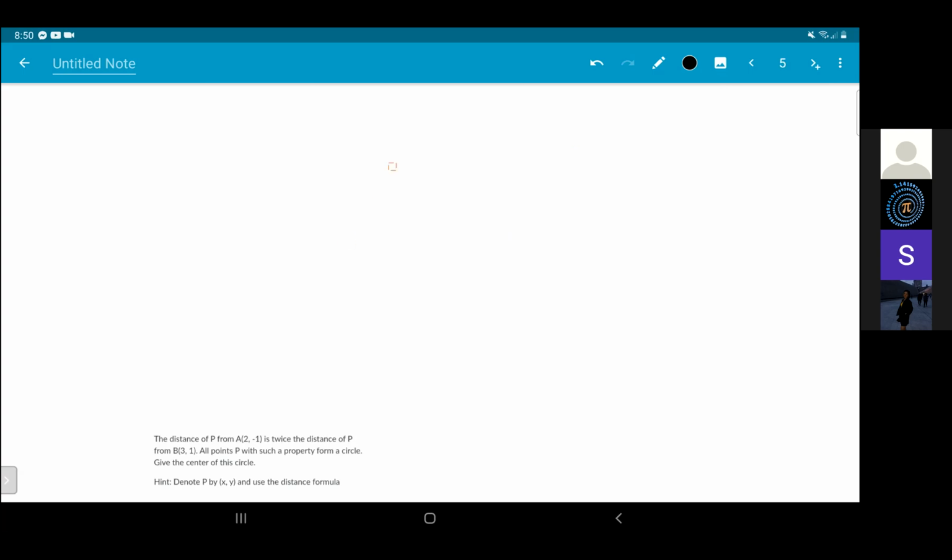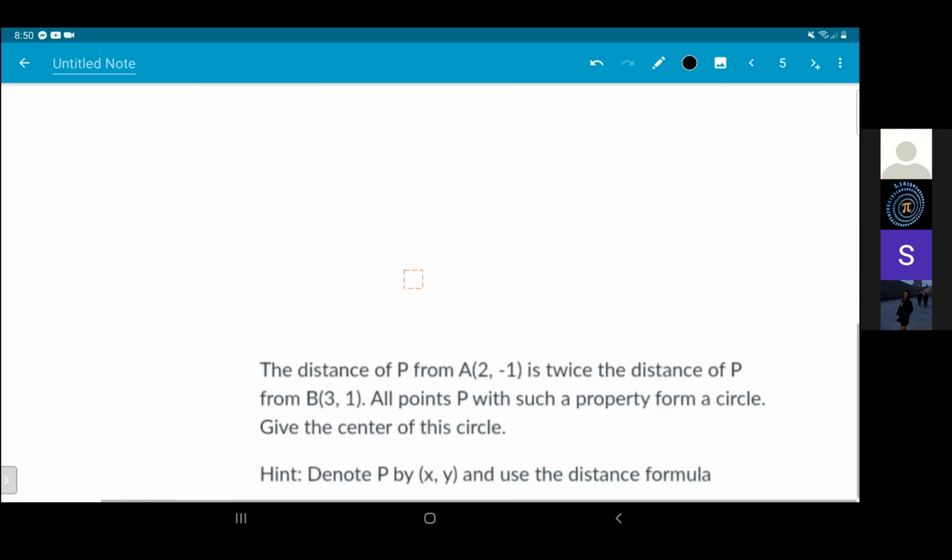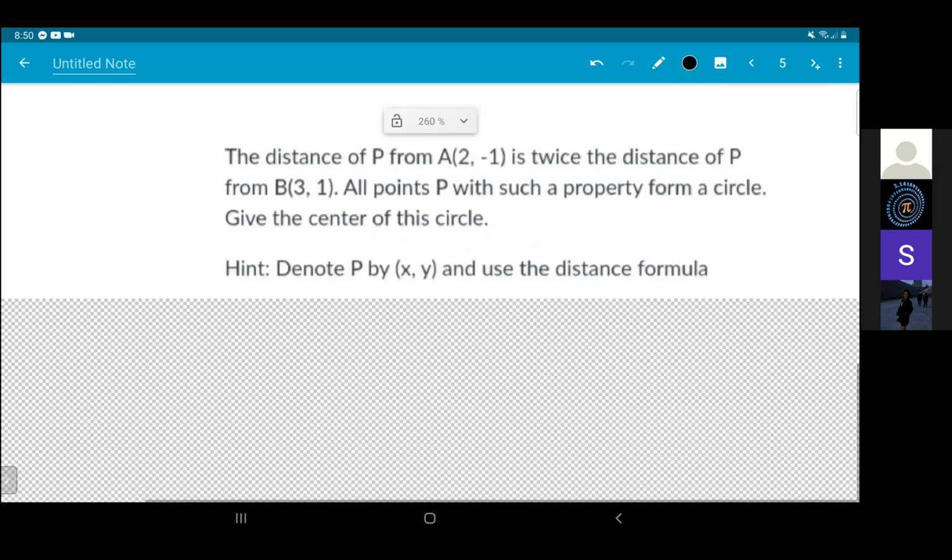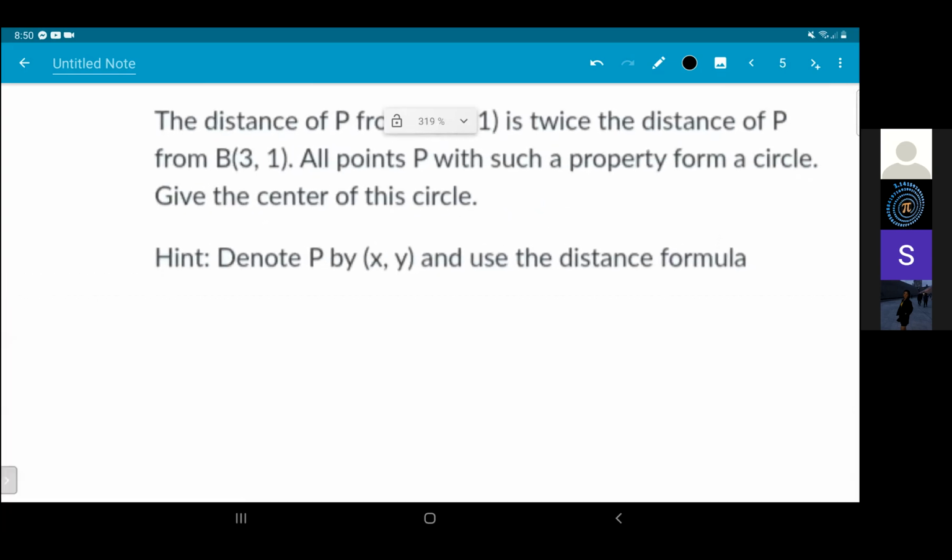Any questions so far? Okay. Another problem that requires analytical thinking. The distance of a point P from A is twice the distance of the same point from B. Now you're already given a fact.